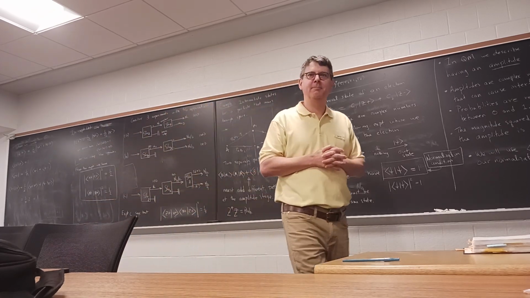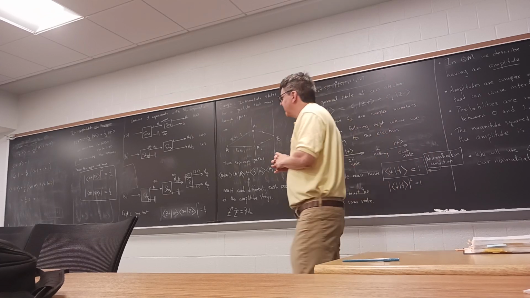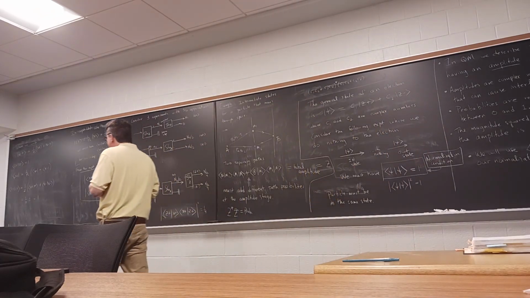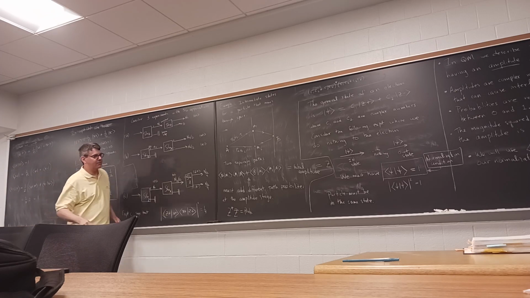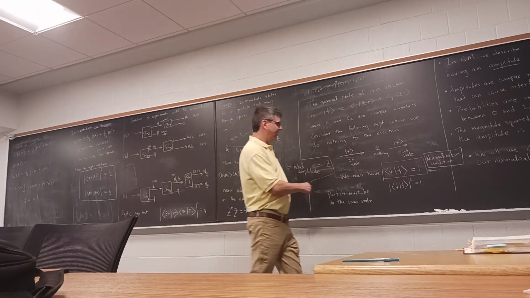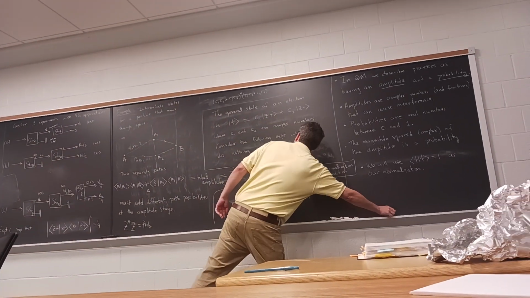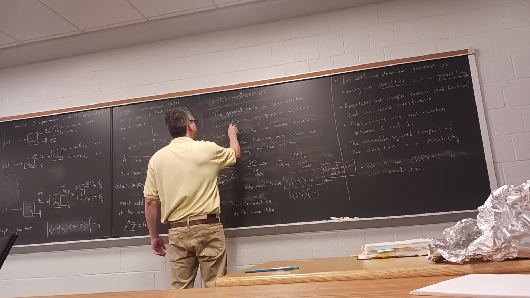Yes? So back on this other thing, when you changed it from the ket to the bra, if the amplitude of 1 over square root of 2 had been a complex number, you would have switched that to the complex conjugate at that stage? Yes. Yeah, so I can do it over here.